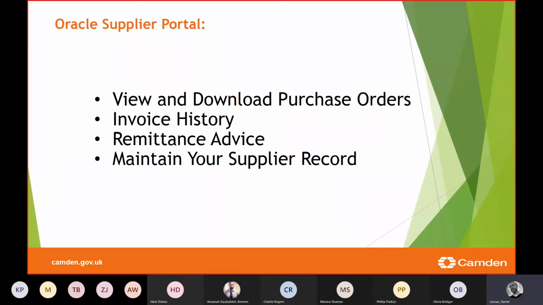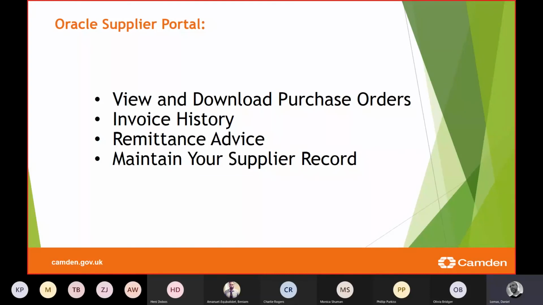Right. As you saw a couple of slides ago with the schematic diagram, your invoices will be going straight into our finance system. And what that means is that we can grant you access to the Oracle supplier portal. Oracle just means Camden's main financial system. So you'll be able to log in to that and have a personalized view specifically for your business.